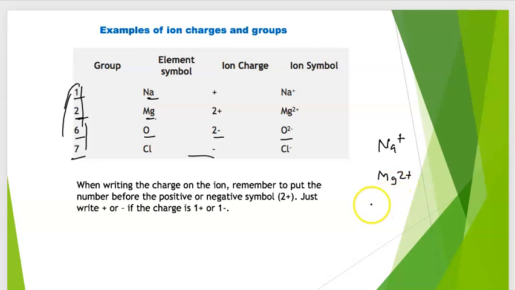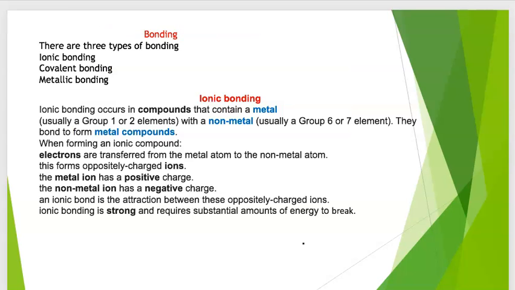Okay, if you want to write the ion for chlorine, we write our Cl, and then because it's -1, we just write our sign. What about oxygen? We write our O, we write our number followed by the sign. Okay, so that's how you write the symbols for the various ions.